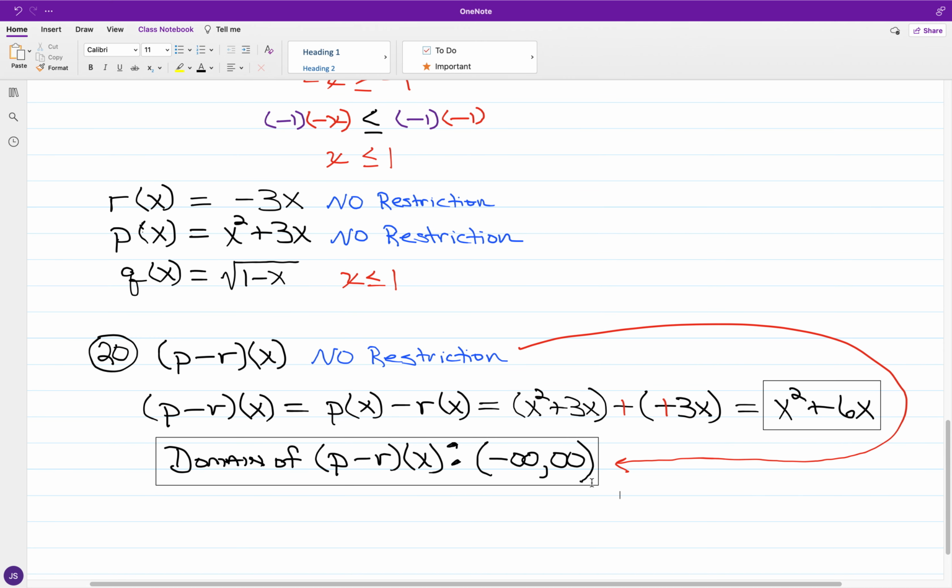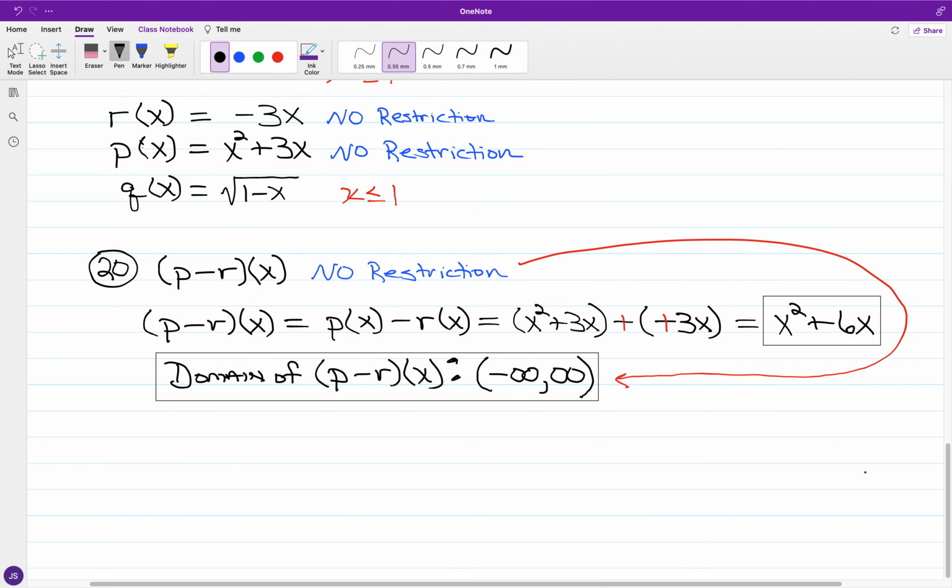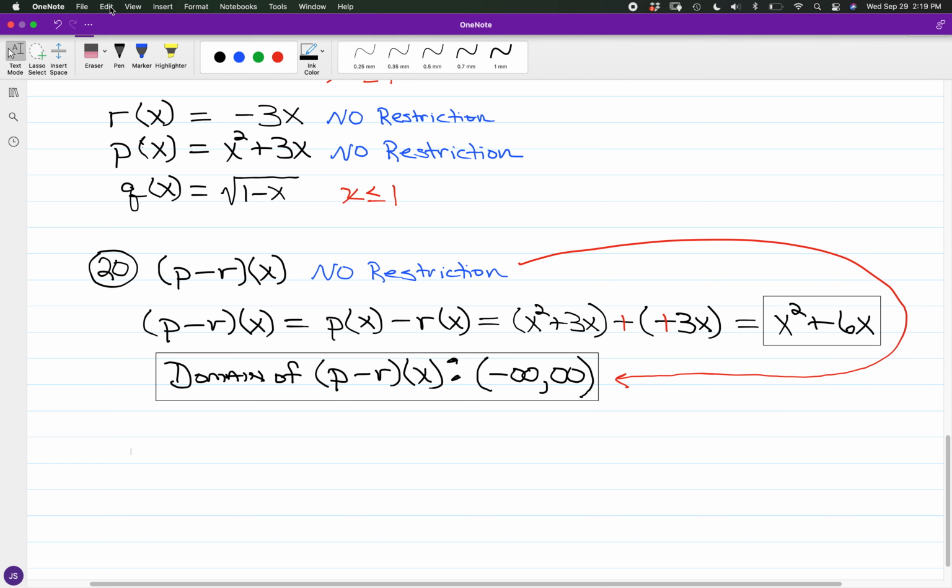Now, working with these functions again, we cross over to number 22. This time we're looking at multiplication between r and q of x.